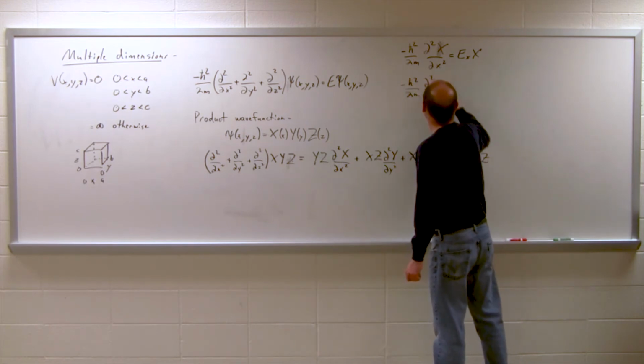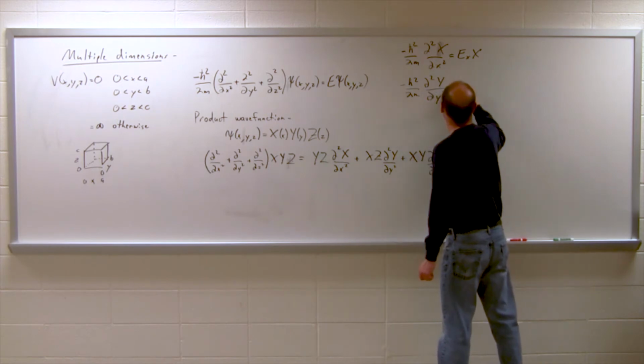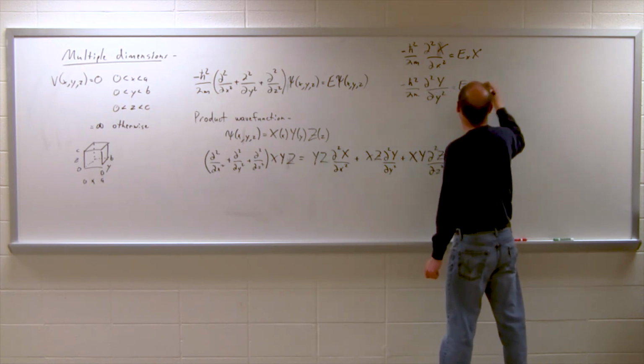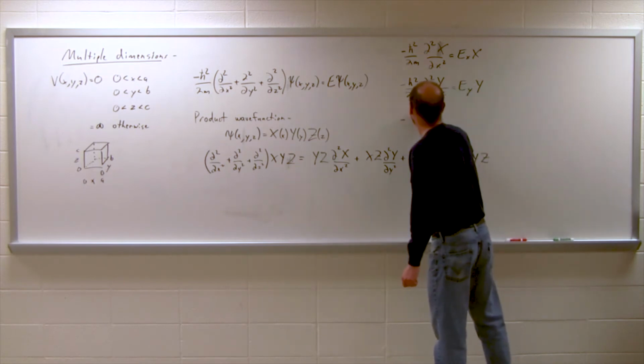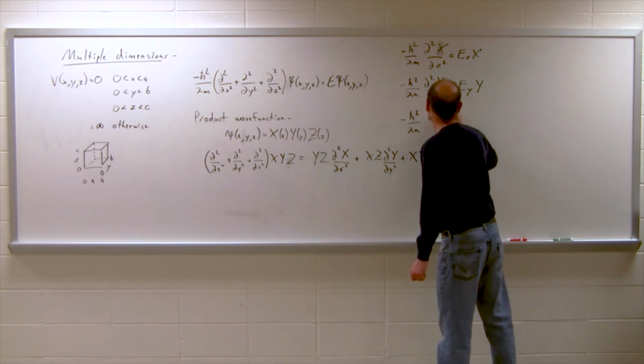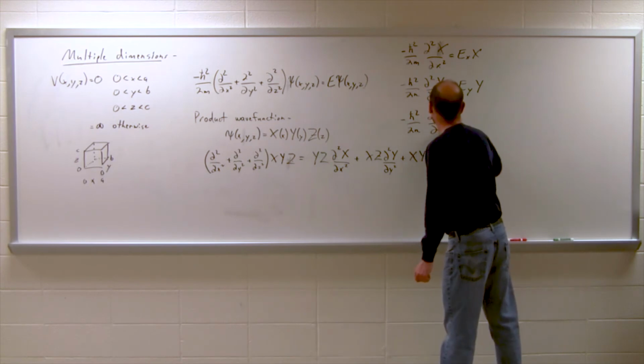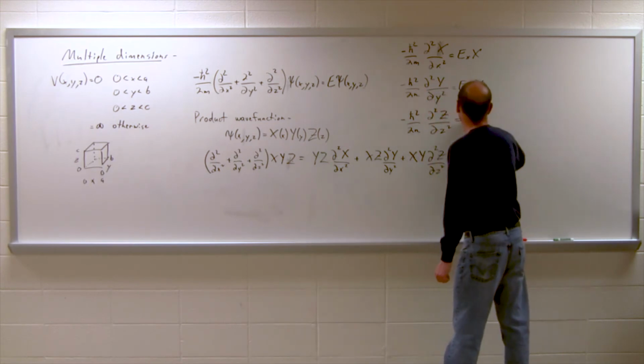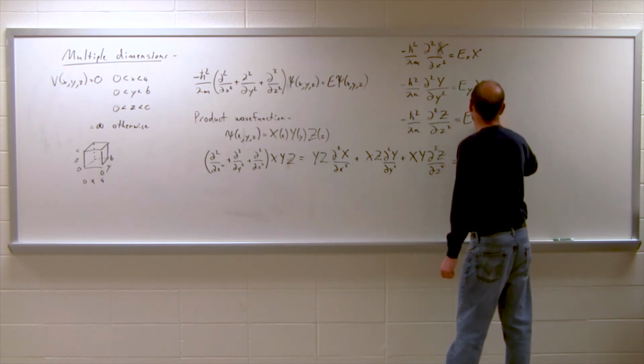Then minus h bar squared over 2m, second derivative of the Y function with respect to y equal to the energies with respect to y, and then minus h bar squared over 2m, second derivative of the Z function with respect to z squared equal to E_z times the Z function.